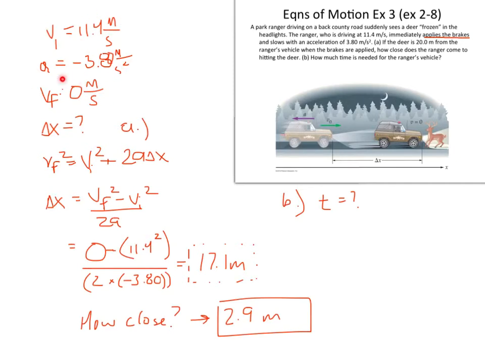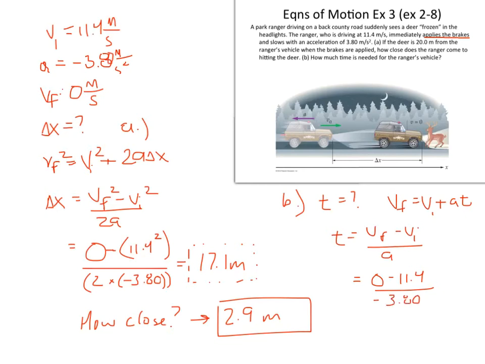We should easily be able to solve for time because we know that v final equals v initial plus acceleration times time, which means that time is going to be equal to v final minus v initial all over acceleration. So skidding or coming to a stop in these 17.1 meters, how long does that take? It's going to be 0 minus 11.4, all divided by negative 3.80.